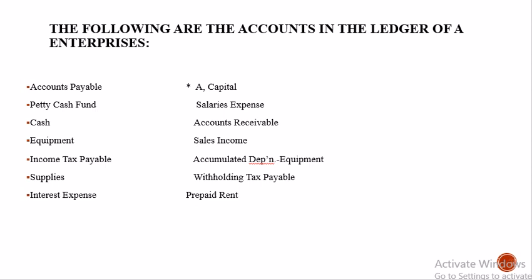Next is salaries expense. Andyan pa rin yung salitang expense, so sa expense siya. Accounts receivable. Yung mga collectibles, receivable natin. Yung mga utang na hindi pa nababayaran. Kumbaga tayo yung inutangan. So, yan ay assets.